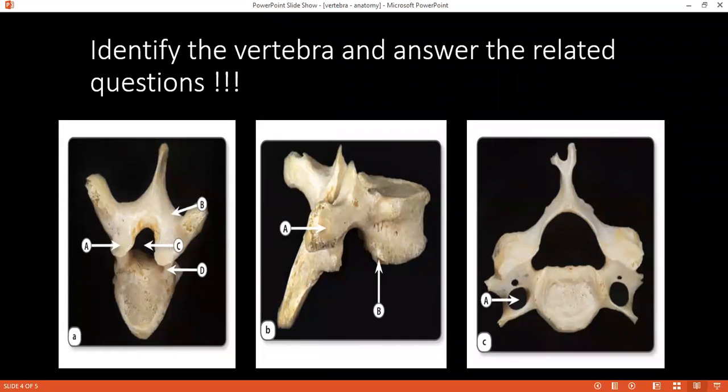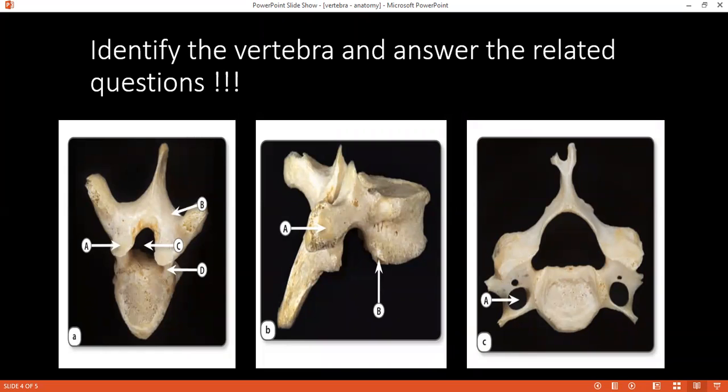Okay. Right. Can you please tell me what are the contents of this in picture C? There is a point A. If you can tell me what passes through it. Vertebral artery, ma'am. Okay. What is this smaller opening? What passes through it? Nutrient foramen.